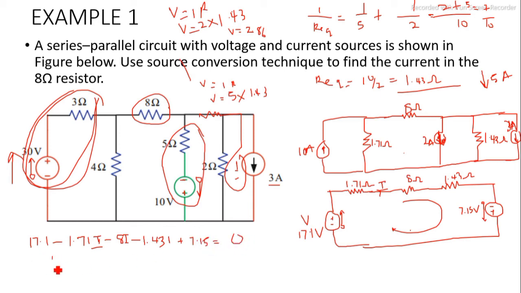So add these together: 17.1 plus 7.15 is 24.25.